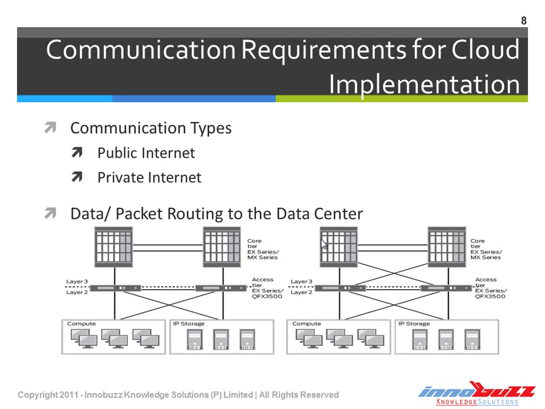Now let's go ahead and check what the communication requirements are for cloud implementation. When it comes to communication of a cloud that we are designing or implementing, there are two types of communication: from the private internet and from the public internet. As the names indicate, public and private internet are based on the communication flow, which could be inside or outside of the cloud.